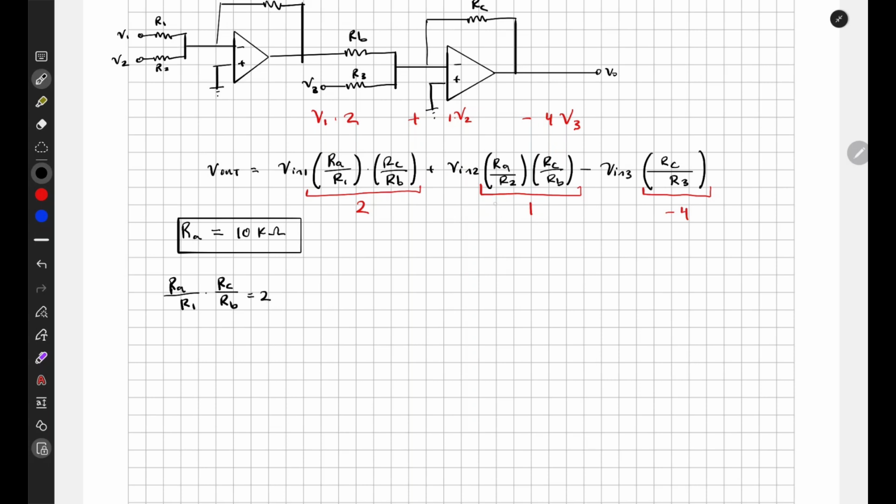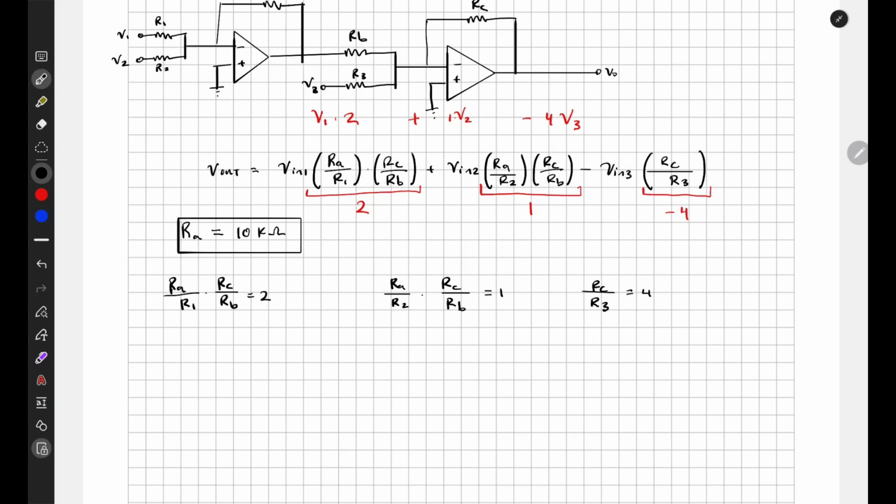Next, for the V in 2 term, it is RA divided by R2 multiplied by RC divided by RB, and this is equal to 1. And then for the V in 3 term, the minus sign is already included from the formula. So we can say RC divided by R3 is equal to 4.